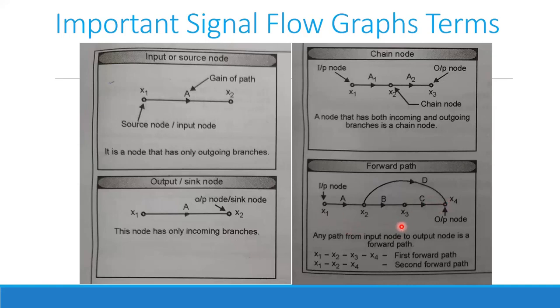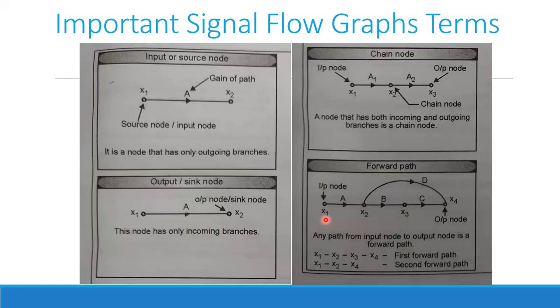There is a possibility of going from x1 to x4 by a single path, or you can say, like reaching your destination by one road, and you can also reach that destination by another road. There is another parallel road present for it.